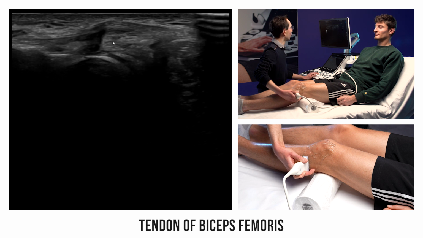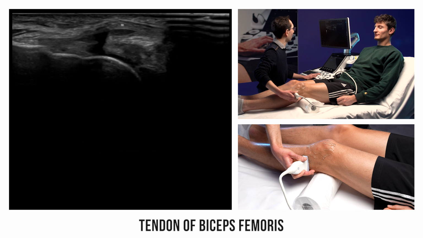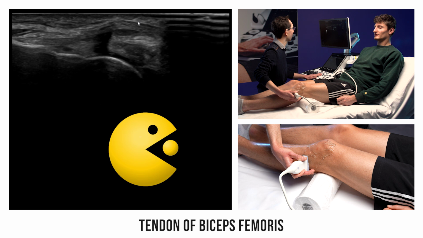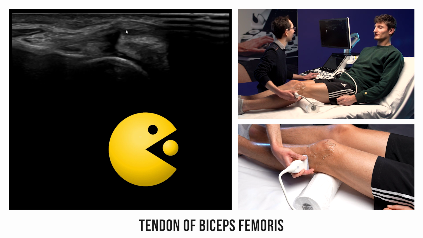We can generate a fairly characteristic image that is sometimes called Pac-Man. The two fibular arms of the biceps femoris tendon make up the pudgy face of this renowned character, while the little dot in the middle, which is more hypoechoic, corresponds to the lateral collateral ligament.